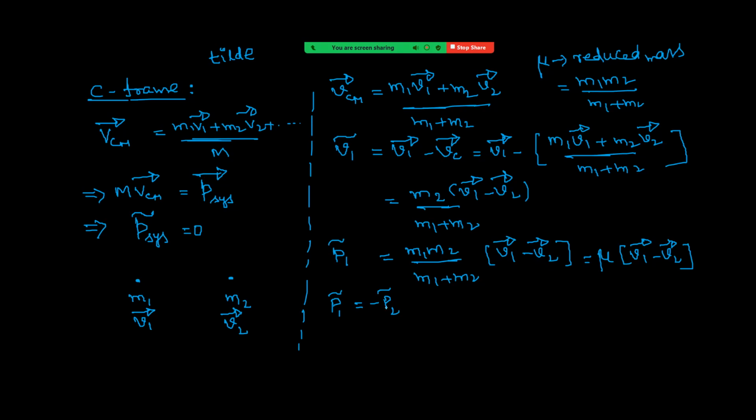Values are the same, directions opposite. So modulus of P1 tilde is equal to modulus of P2 tilde, which is equal to mu into modulus of V relative, where V relative is V1 bar minus V2 bar.